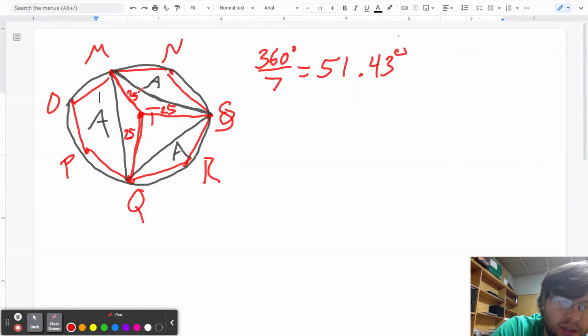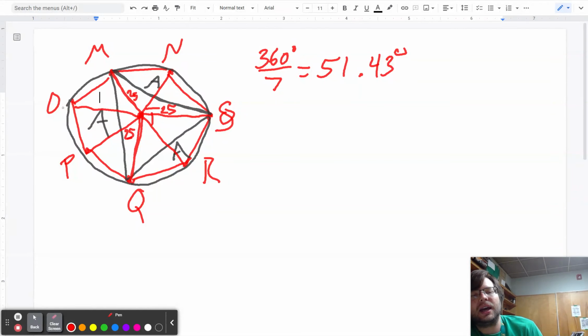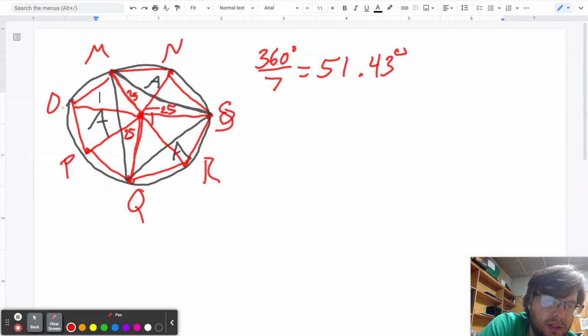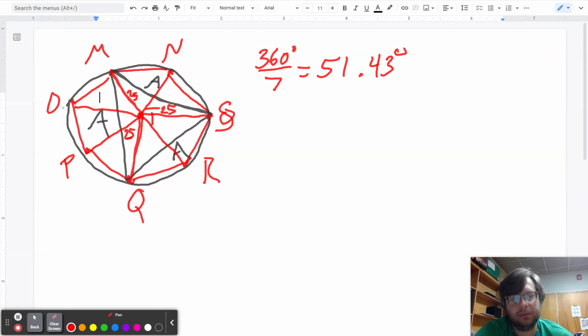So if I draw those little triangles, I'll have 7 triangles, and each of those 7 triangles has 51.43 degrees on it. So what I can do then is find the area of the entire heptagon by finding the area of one of its triangles and then multiplying by 7.